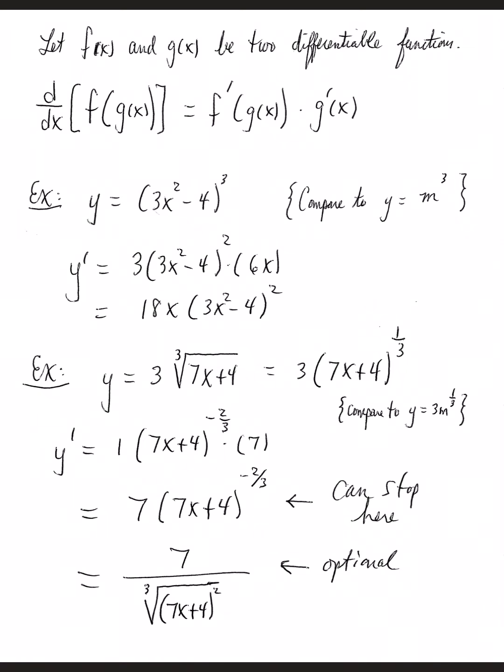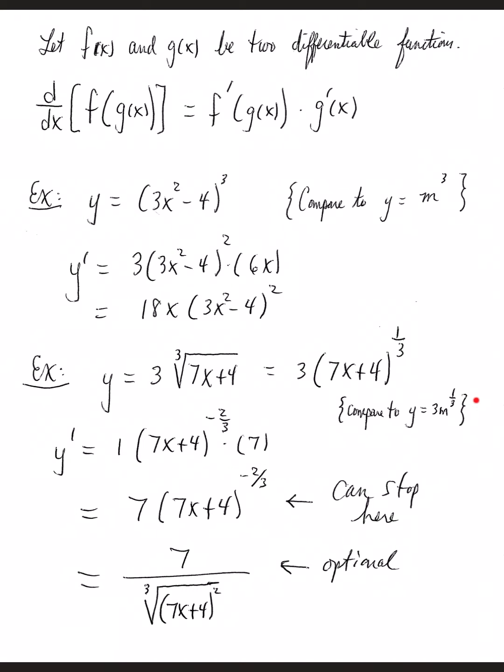All right, so our comparison is 3u to the 1/3. That's the outer part. So taking the derivative and applying chain rule, 3 times a third, that's 1. Inside part left alone, 7x plus 4 left alone.